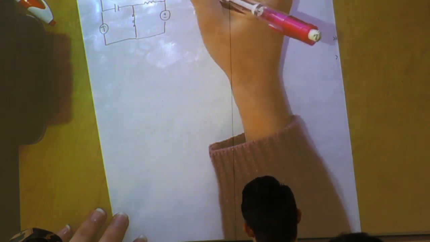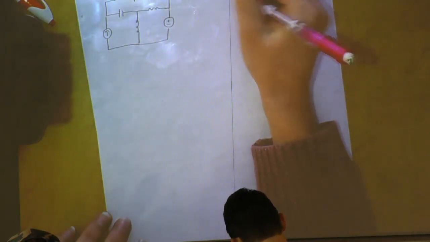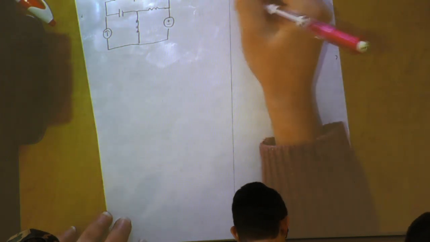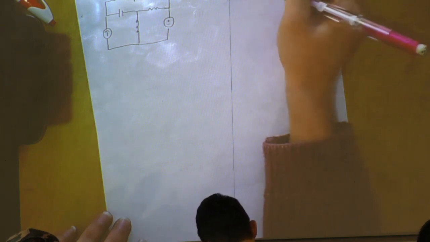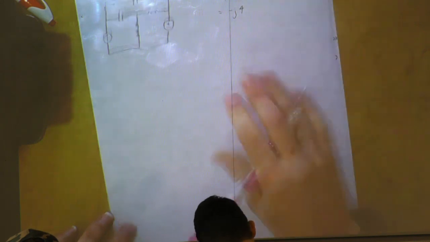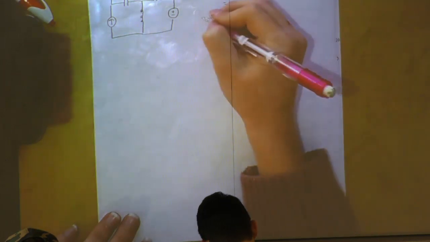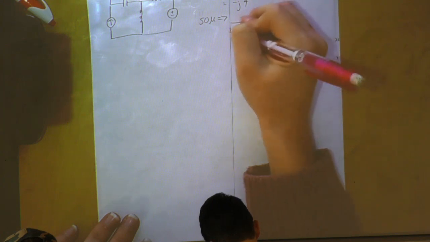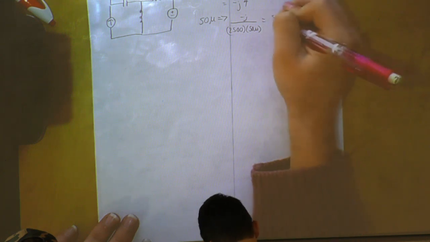So the capacitor on top, 100 micro, its impedance is negative J over our frequency, which is 2500, times our capacitor, so 100 micro. This should come out to negative J4. Our next capacitor is 50 micro. This should come out to negative J8.